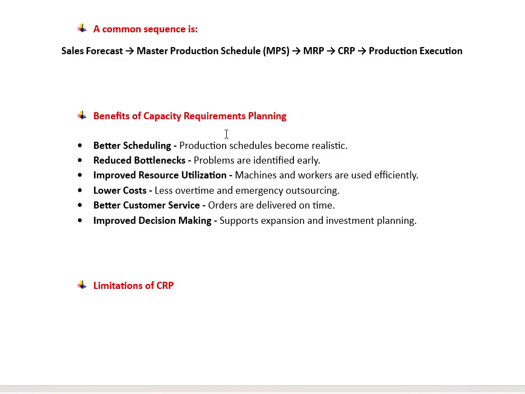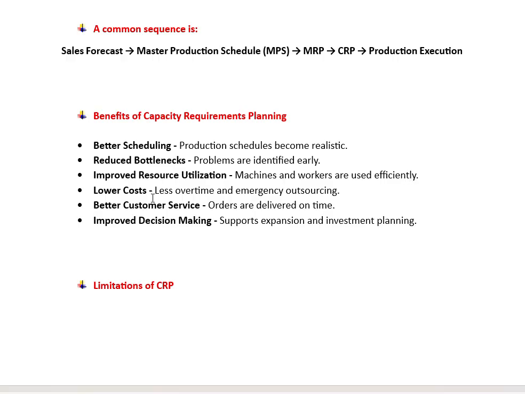What are the benefits of capacity requirements planning? It helps in better scheduling. Production schedules become realistic. It reduces bottlenecks. Problems are identified early before the production starts. It improves resource utilization. Machines and workers are used efficiently.